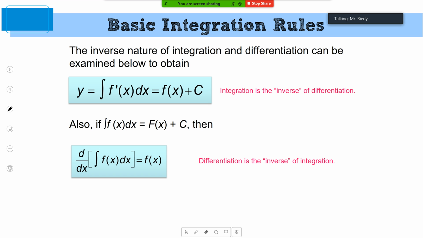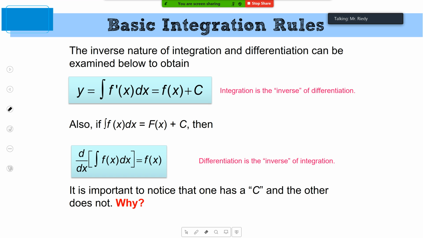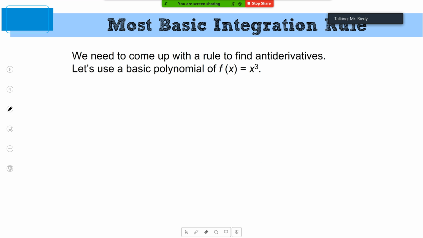Okay, so let's get away from the concept stuff and do some practical application here. We'll start with f of x. f of x is equal to x cubed. What's capital F of x? In other words, what function, when you take the derivative of it, gives me x cubed?